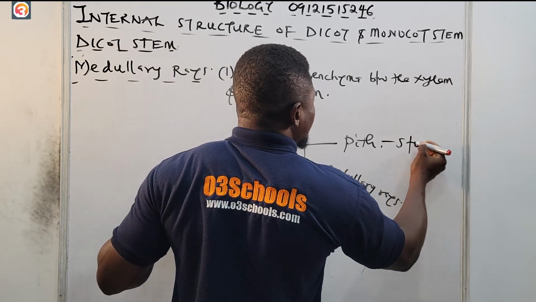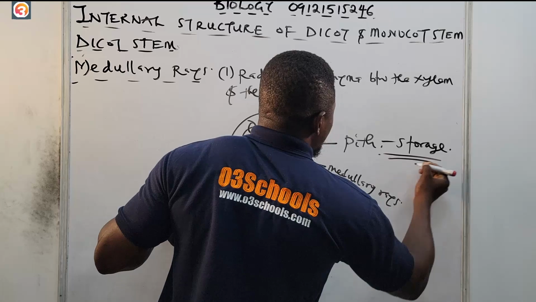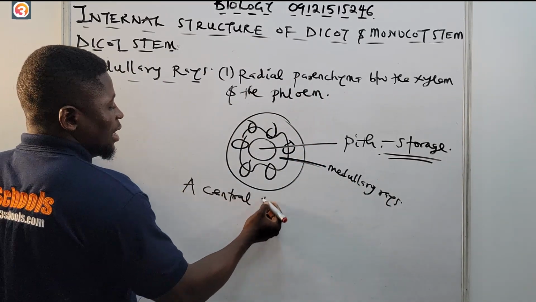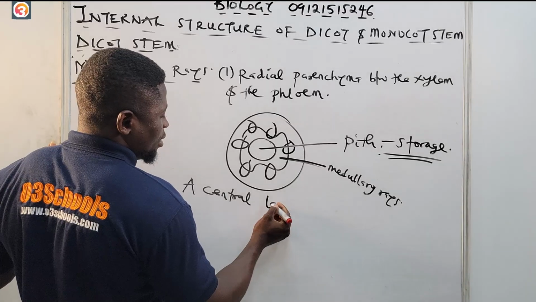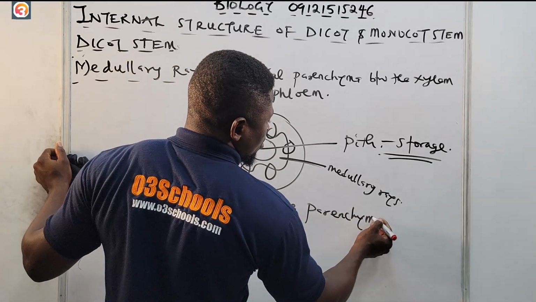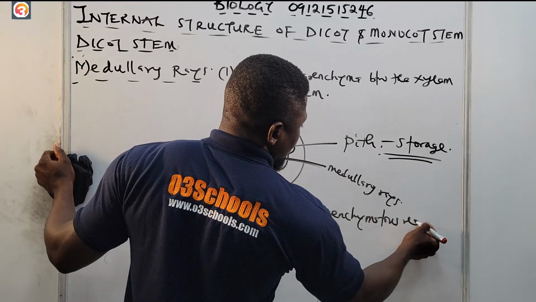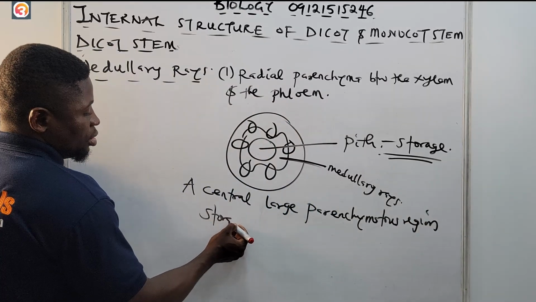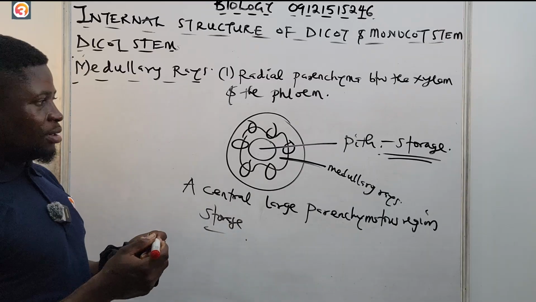So we say the pith is a central large parenchymatous region that helps in storage. Please take note of that.